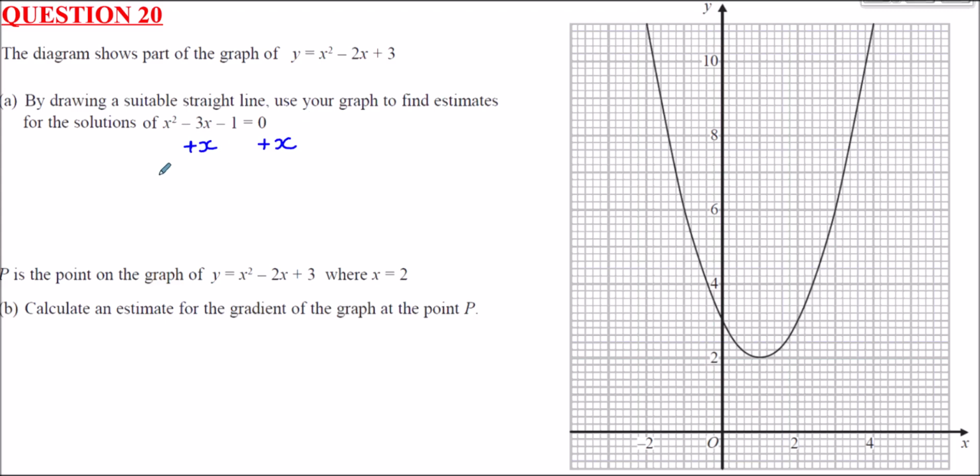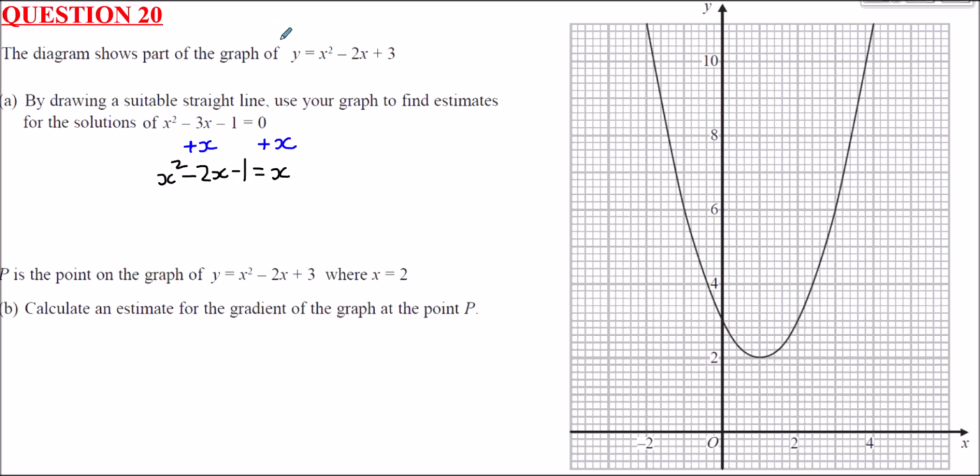That'll then give me x squared minus 2x minus 1 equals x. So this is looking a bit closer to y. I've got the x squared matching, the minus 2x's are matching, but the graph of y equals this quadratic curve needs to have plus 3. Currently I've got minus 1.